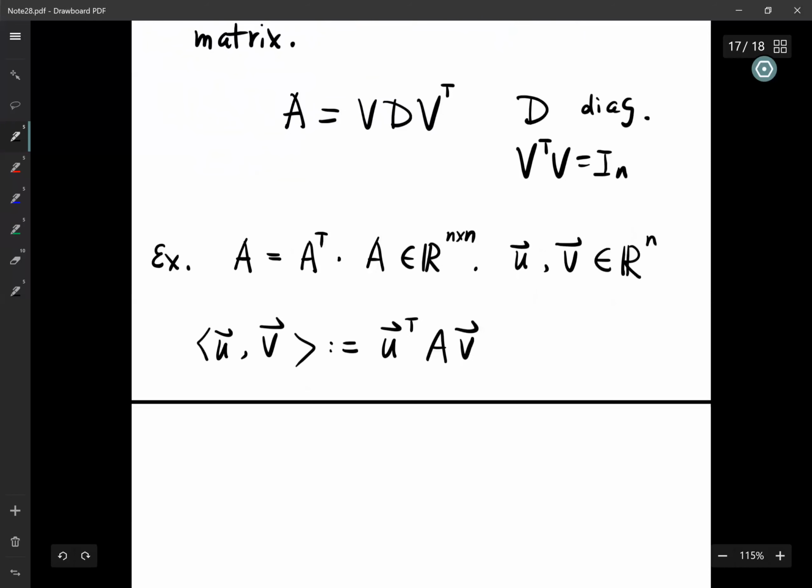If you compare with the warm-up we had last time, you will see that there is some similarity, but now A is a very general matrix. The question is whether this is an inner product.